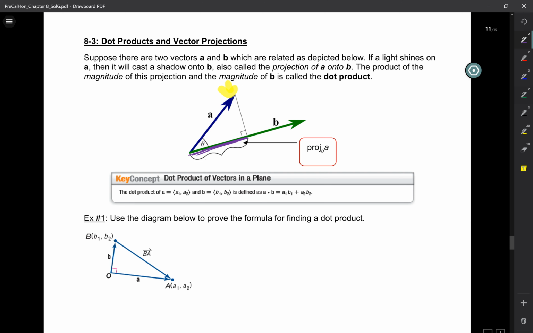So that's the projection of A onto B, right here. Projection of A onto B, and its abbreviation is like this.